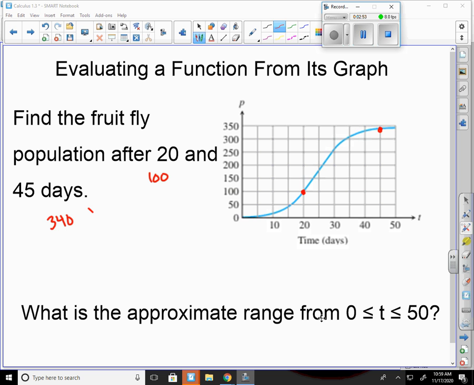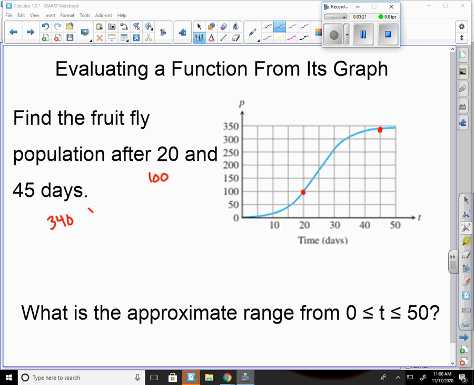It says, what is the approximate range from 0 to 50? So what does range represent? Good.